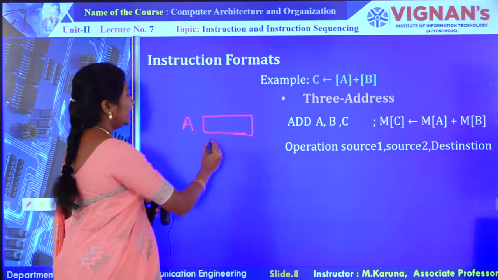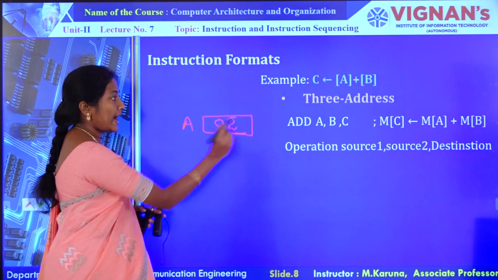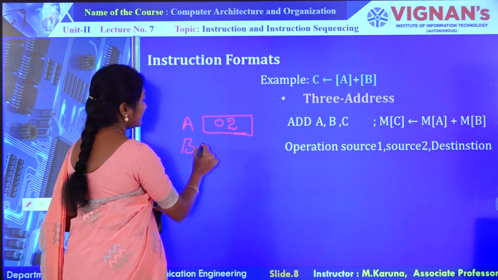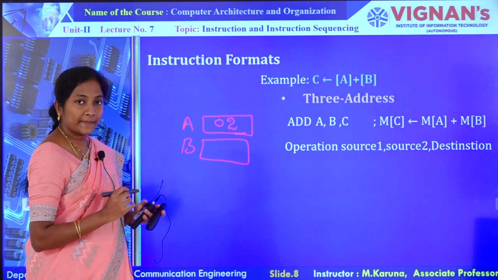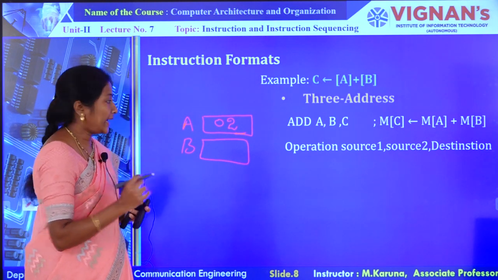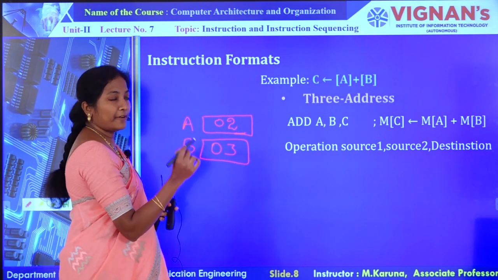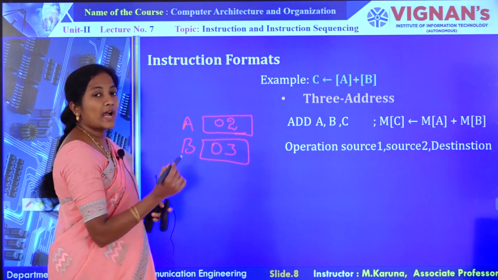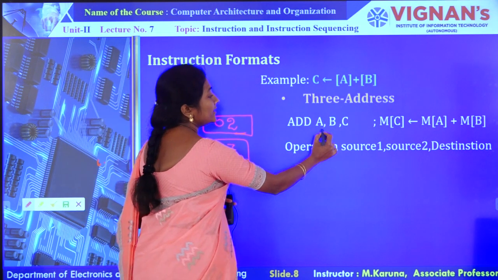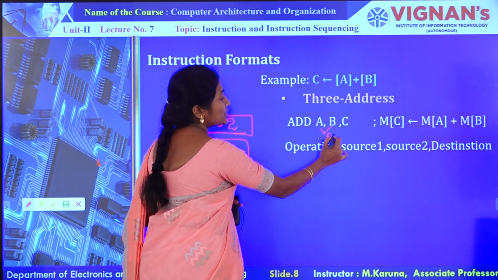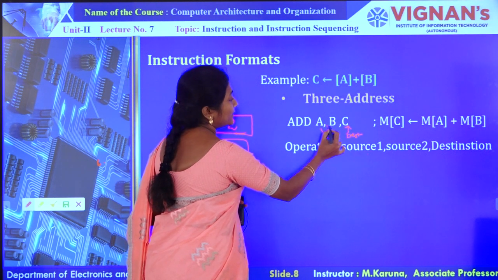A, which contains the data 2, and memory location B, memory location assigned with B contains the data, for example 3. So, after performing the addition operation, output will be transferred to the destination. Here these 2 are the source operands, this is the destination operand.